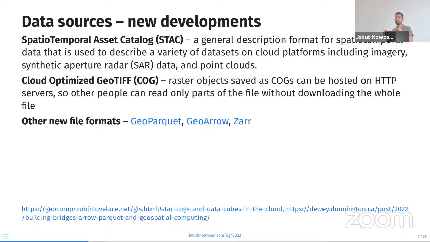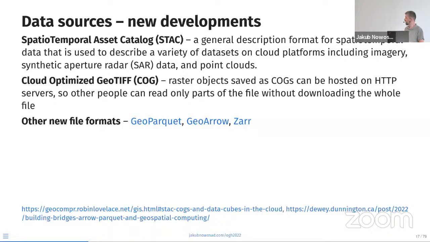That's basically a description format that stores metadata about geospatial datasets. So you have some information, and this way you can find them on cloud platforms and easily subset them before even trying to download them. So you can find datasets that you're interested in without going to some GUI or before downloading hundreds of files.